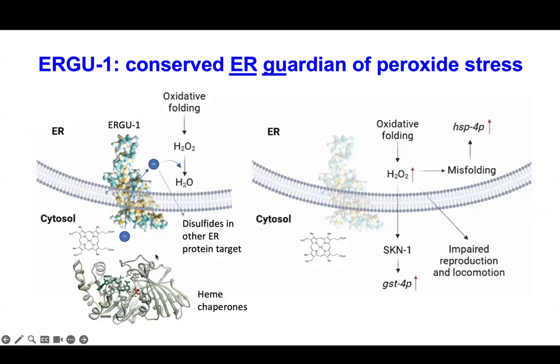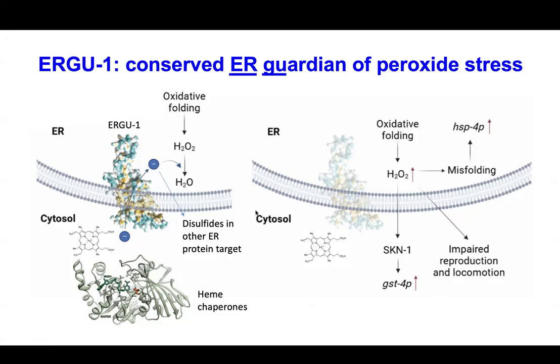And so the protein also uses the cysteine pair, just like in bacteria, but also different to bacteria, they may be able to use heme from the cytosol carried by the heme chaperone to transfer the electron together with the cysteine pair to the target molecule H2O2 and other ER protein targets with disulfide bond or peroxide group.